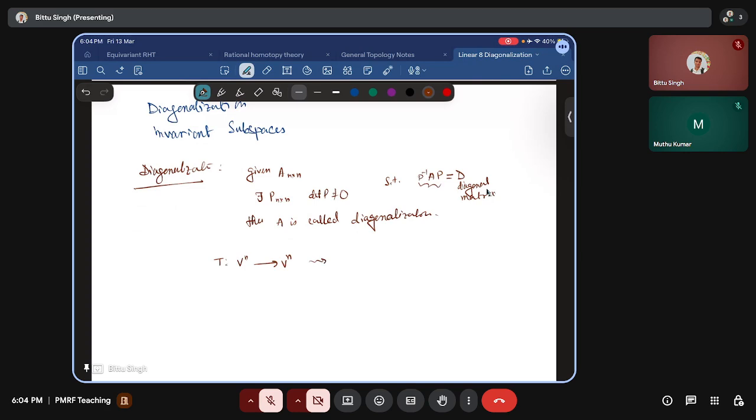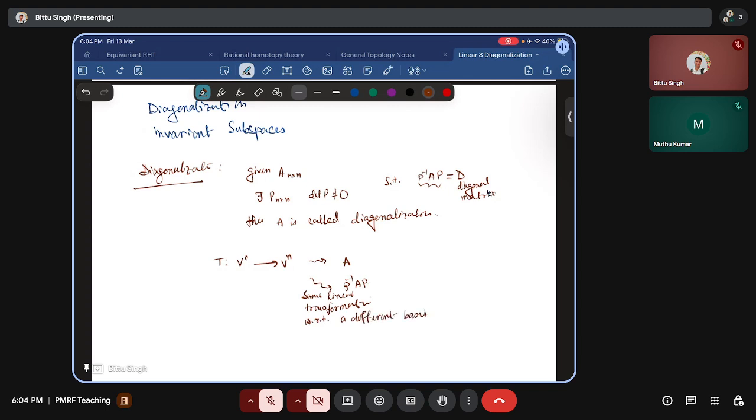So if this transformation T is given by the matrix A, then P inverse AP is the same linear transformation with respect to a different basis.